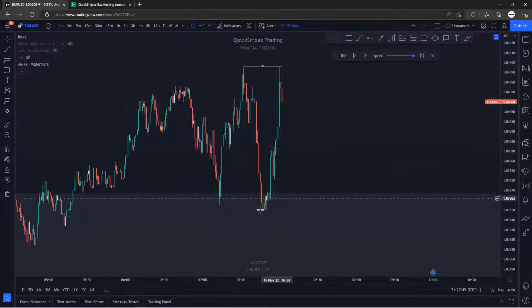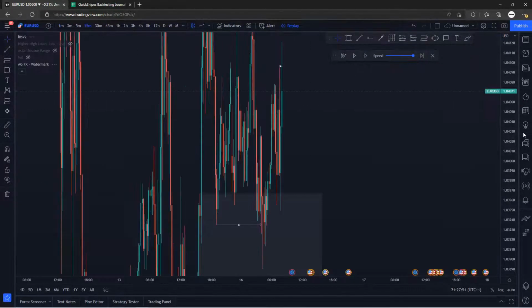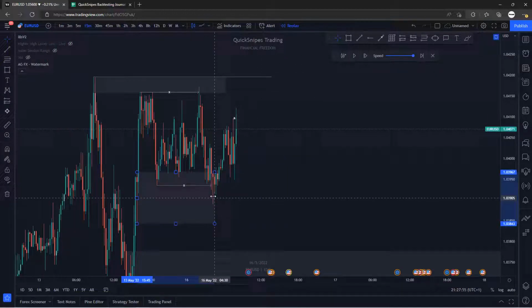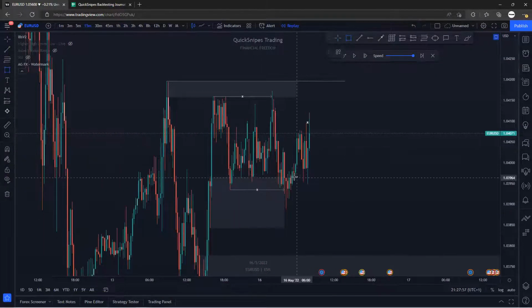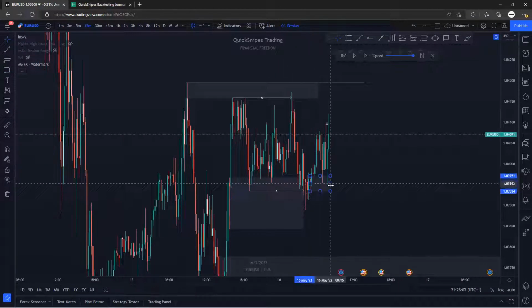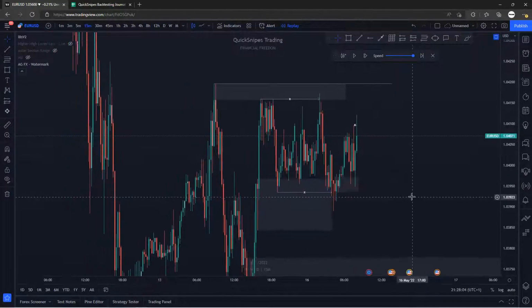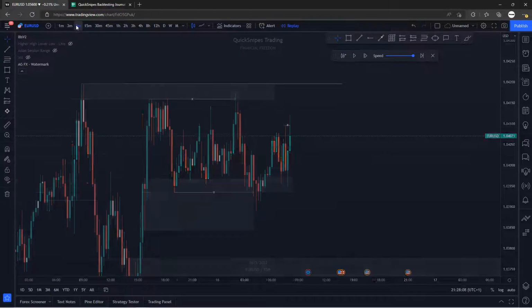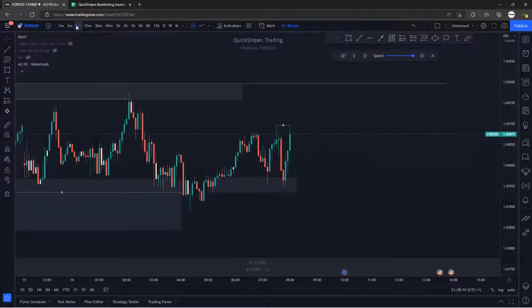Now we are still in that demand because, as you can see on the 15-minute, we've tested. I'm going to remove this zone to that side. As you can see, 15-minute demand still in play. So demand is still grabbing my attention more than anything.